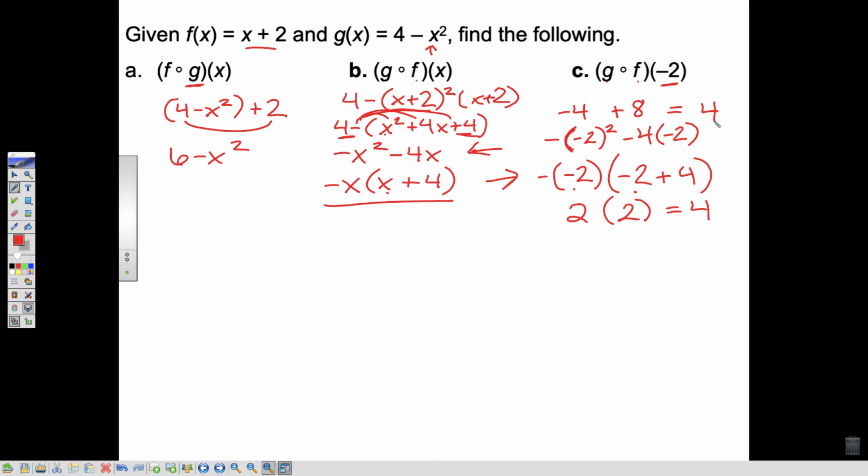It doesn't matter where I plug it in, I should get the same answer. Now, yesterday we plugged it in at the beginning, yes? And then did it. Now here, if you want to plug it in at the beginning, it's a little bit different. I would advise you not to do it, but you can.